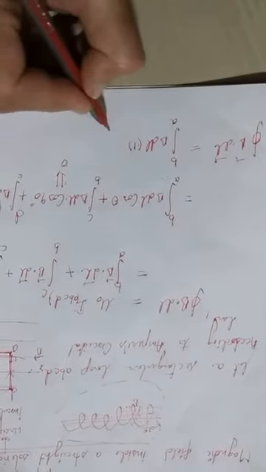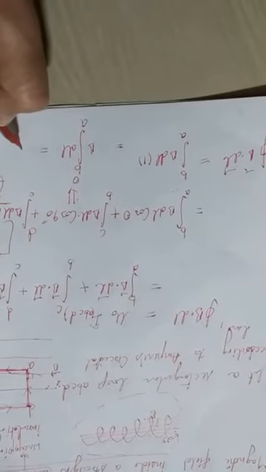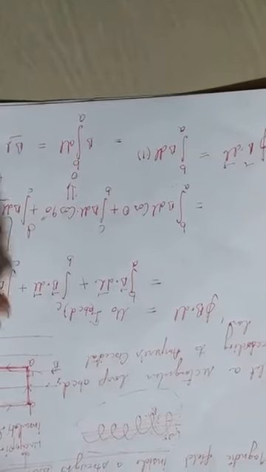Here we can write B dl, total length A to B, so we can write BL, because the total length of this rectangular loop is L. So B dot dl, the total line integral, is equal to BL, where L is the length of the rectangular loop.